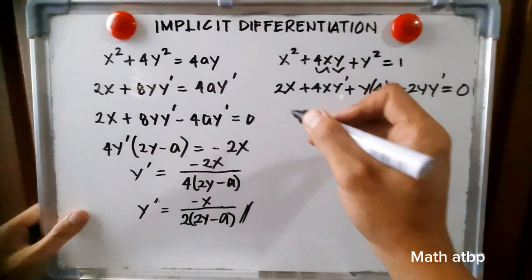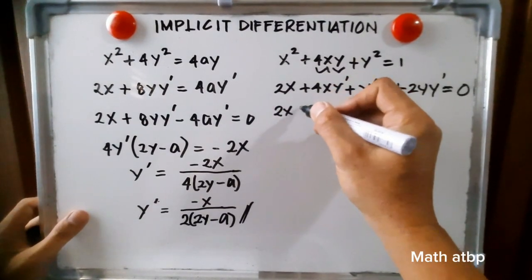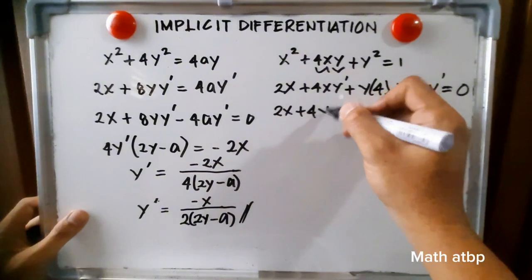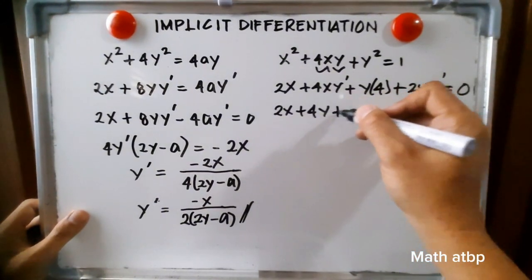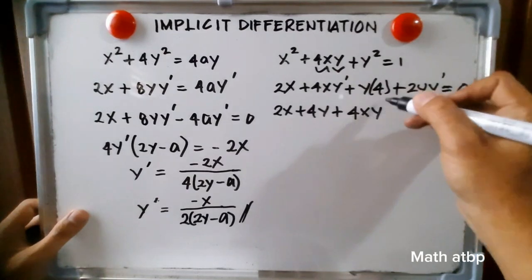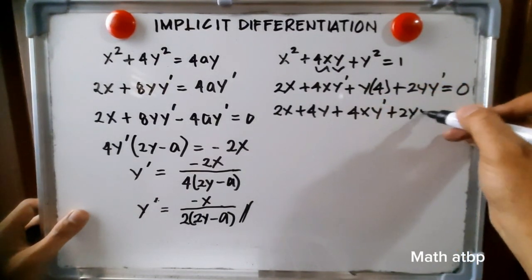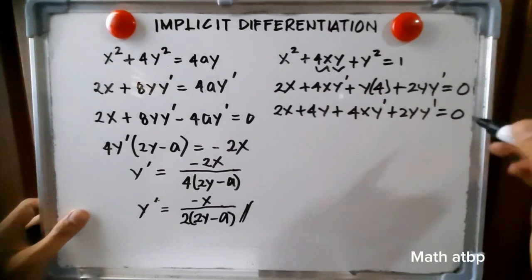Okay, so we have now 2x plus 4y plus 4x y prime plus 2y y prime is equal to 0.